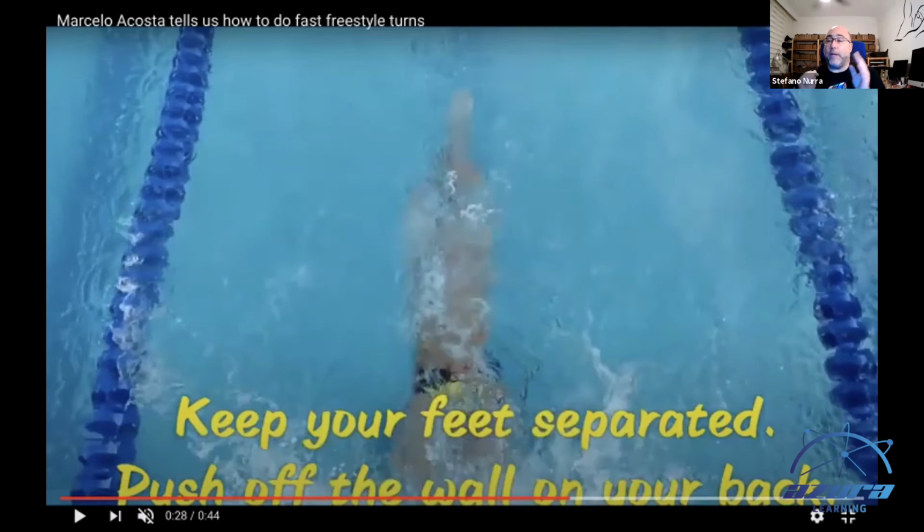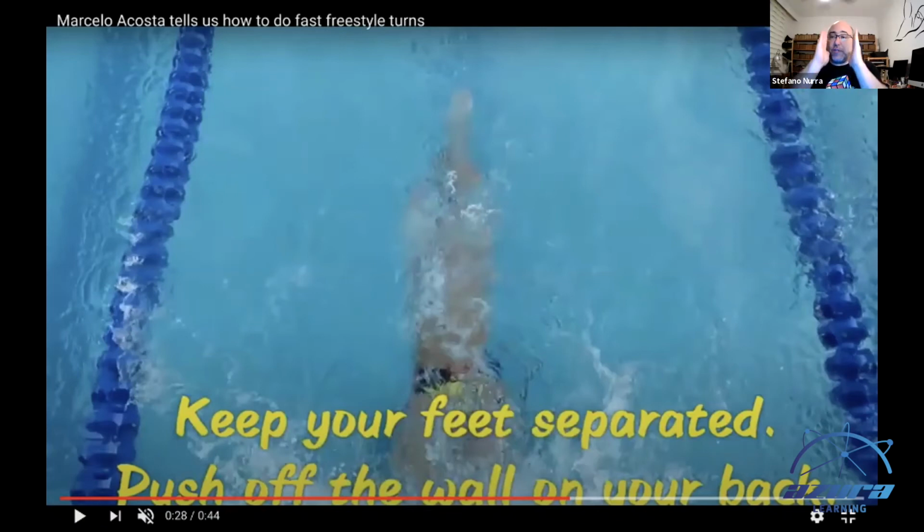In the rotation, we can decide to push vertical or diagonal. We have to close the body. The main point is when the feet are touching the wall, they have to push immediately. We don't have to waste any time on the wall. There are some different points of view.